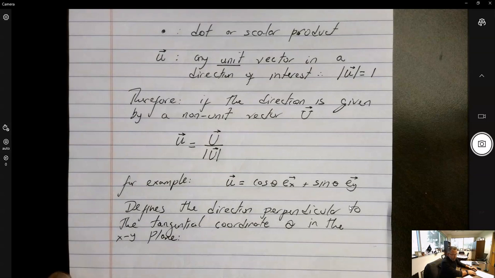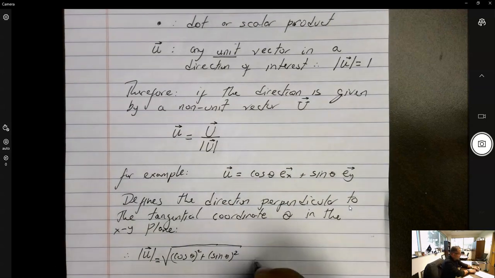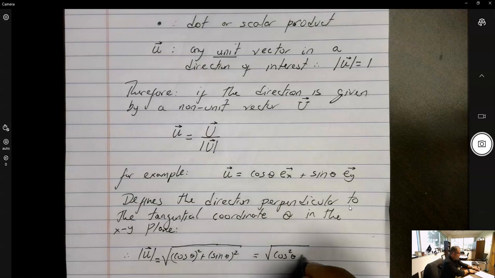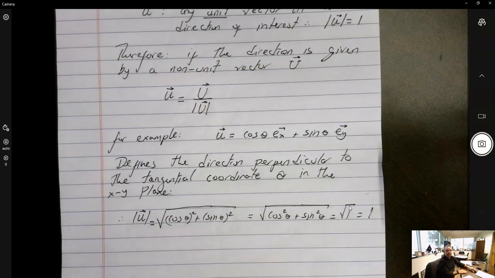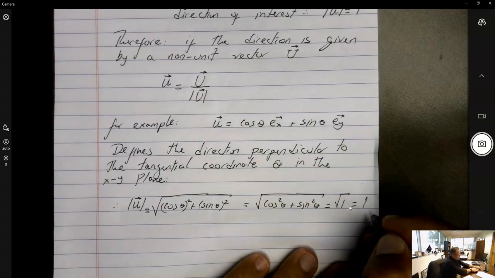And we know that the magnitude of u is equal to the square root of the square of each of the components of that vector. So cosine squared of theta plus sine squared of theta, which is 1. Okay, so let's just expand on this. Which is the square root of 1, which is 1. Okay, so it's in fact unit in length.